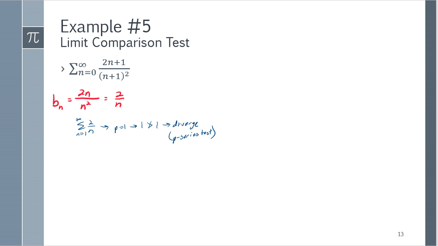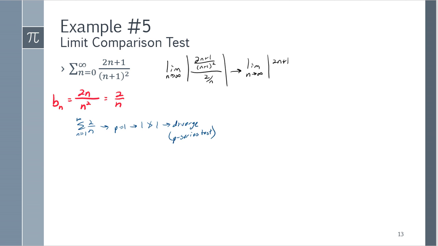But I can do my limit to compare as n goes to infinity. I'll put the absolute values here of my original, 2n plus 1 over n plus 1 squared, compared to the 2 over n. So I'm going to do some simplifying here.